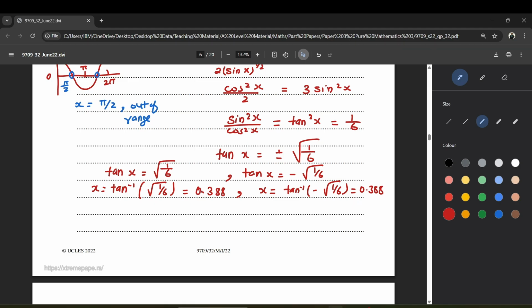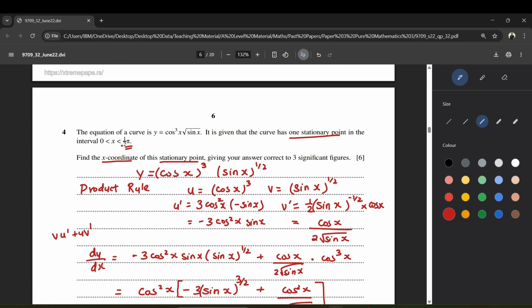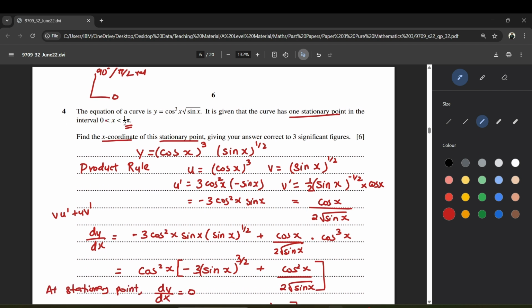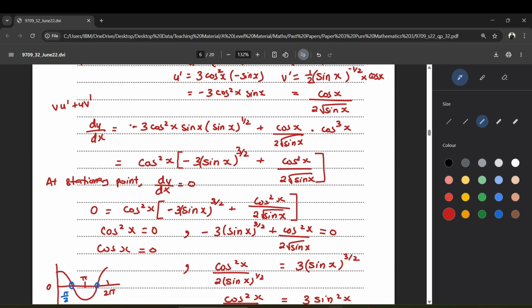Okay, now we cannot take both because if you look over here, our range is quite narrow. It is like 0 and 90 degrees. 0 and 90 degrees is just the first quadrant, right? 90 degrees or pi upon 2 radians, it is just the first quadrant, so you cannot go beyond that, right? So now we have to see that our range shows that x is positive, right? Because it is greater than 0 and less than pi upon 2.